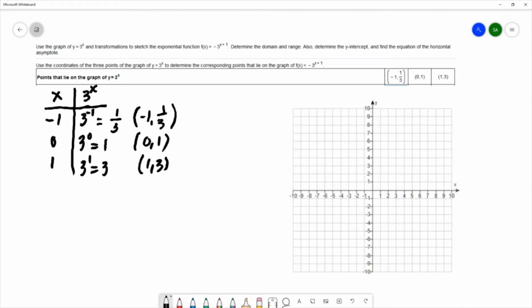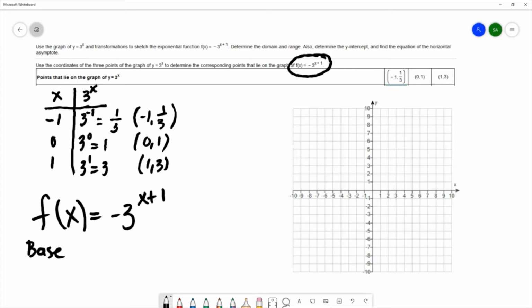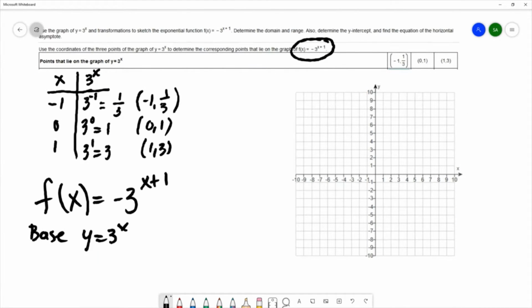We want to use transformations to find where those ordered pairs transform to on the graph of f of x equals negative 3 to the x plus 1. Our base function is y equals 3 to the x, as we were studying a moment ago, and then we have some transformations. The transformations are the negative and the plus 1.